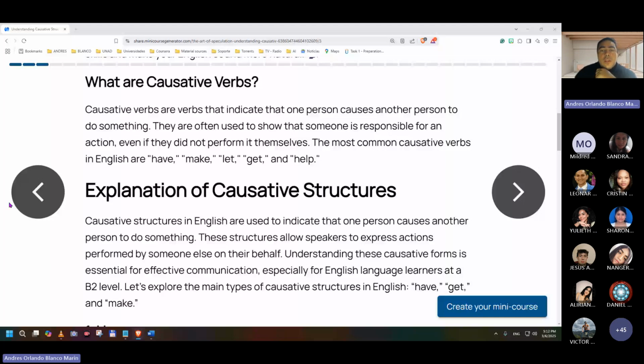So they are often used to show that someone is responsible for an action, even if they did not perform it themselves. The most common causative verbs in English are have, make, let, get, and help. We're going to see some of them in detail.